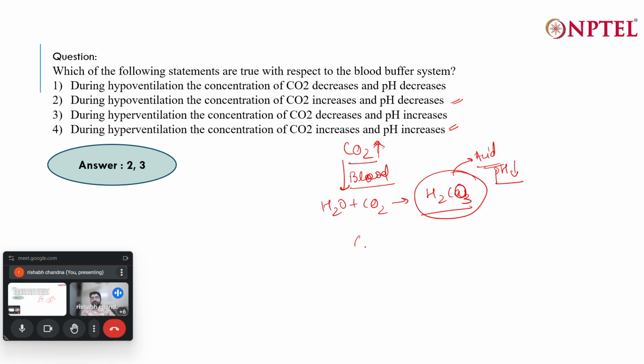But when CO2 concentration is decreased due to hyperventilation, what will happen? This acid amount goes down. So this leads to an increase in the pH. So option 2, that is CO2 increases then pH decreases, and option 3, that is CO2 decreases and pH increases due to hyperventilation. So the correct answer would be option 2 and option 3. Okay, any doubts?